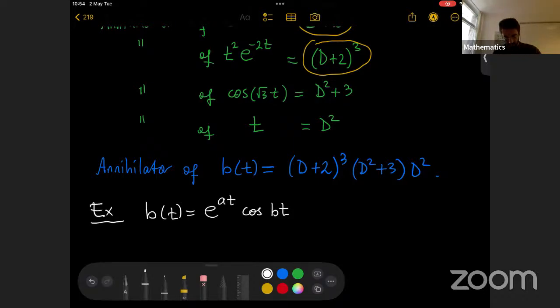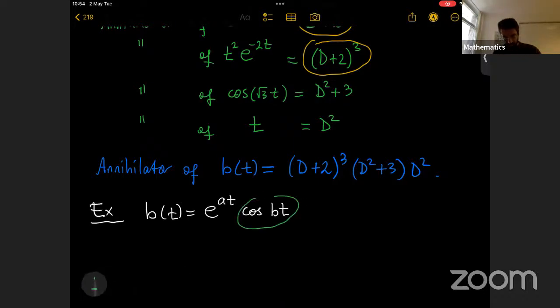So you can think of cosine bt as e to the I bt plus e to the minus I bt, over 2. It gives you cosine bt.